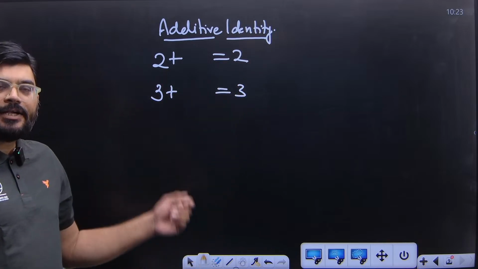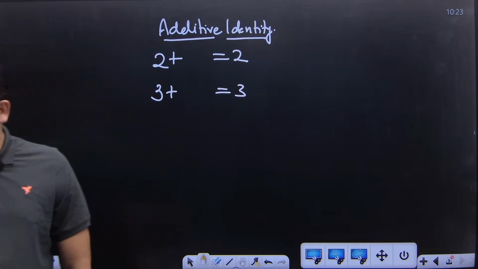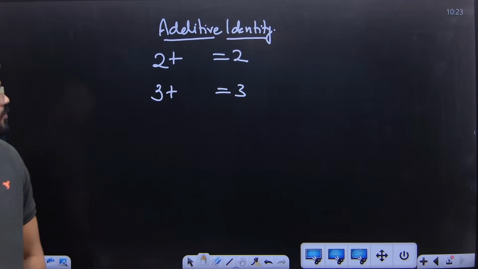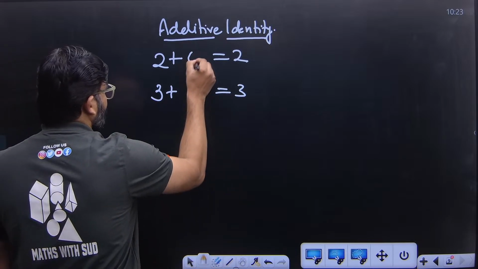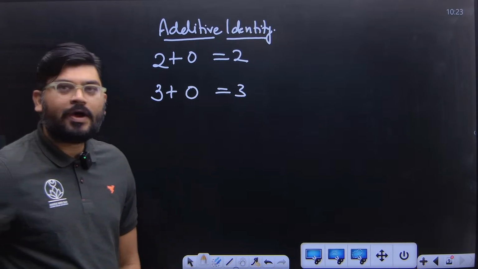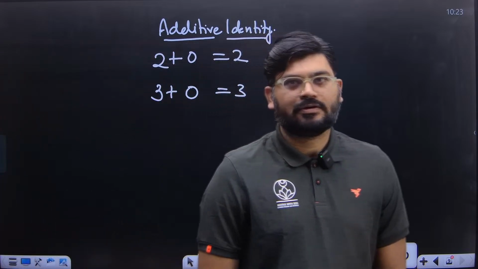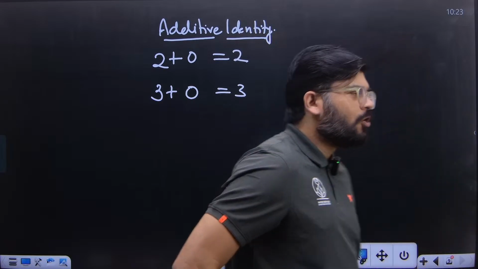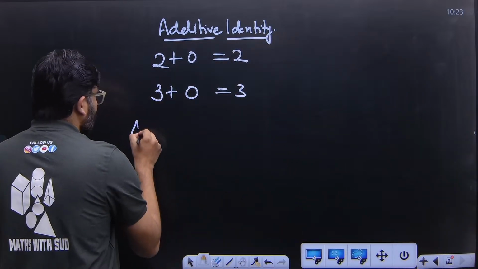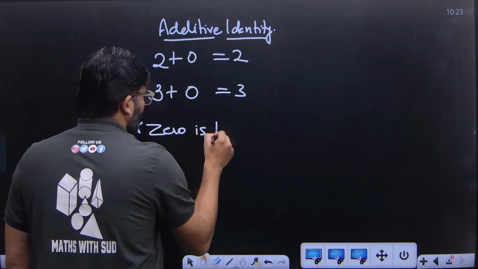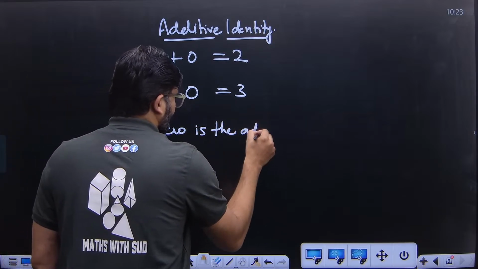What can be added to 2 so that the identity does not change? The answer is 0. If you add 0 to any number, its value doesn't change. So 0 is the additive identity in mathematics. What is the additive identity? 0 is the additive identity.